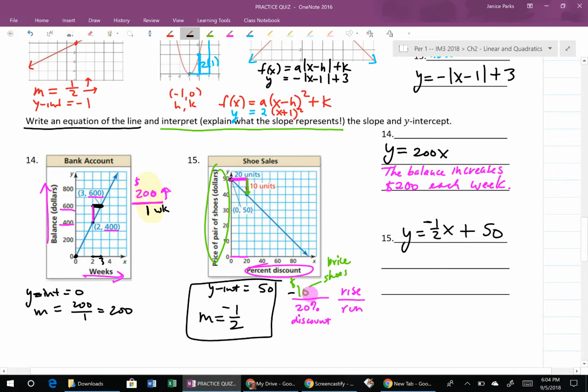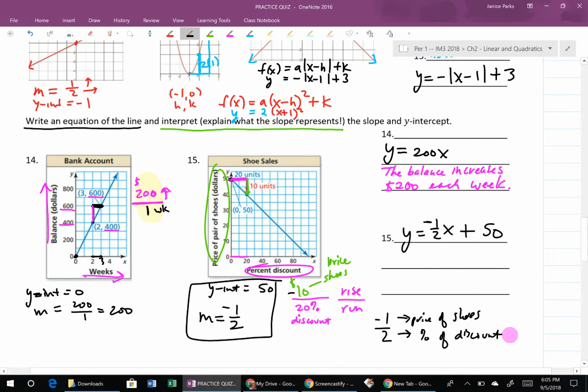Okay, now what does this mean if I reduce this? If I reduce that rise over run, negative 1 over 2, this is the price of shoes for the y. And this is the percent of discount.